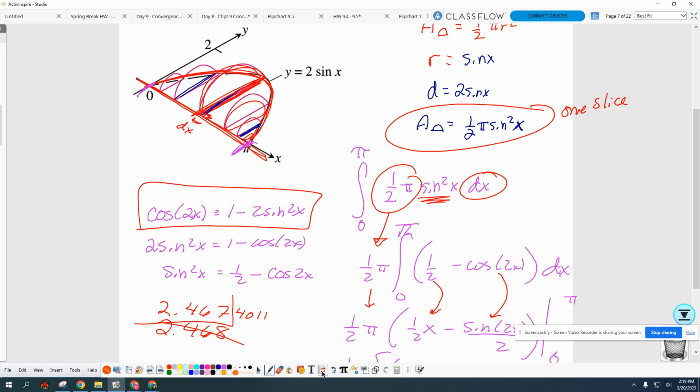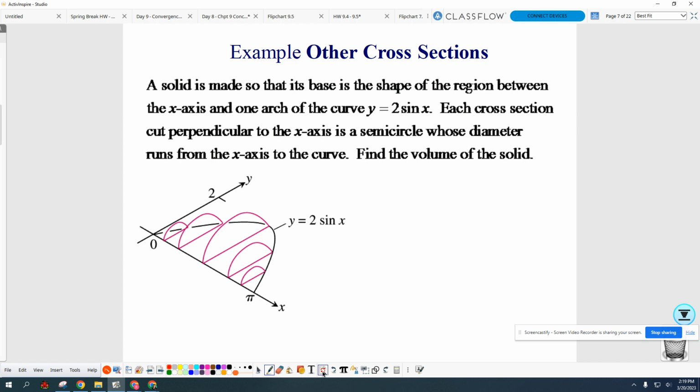So we found the area for just one cross section. This one cross section. And then we found the area of this other one, this thickness.